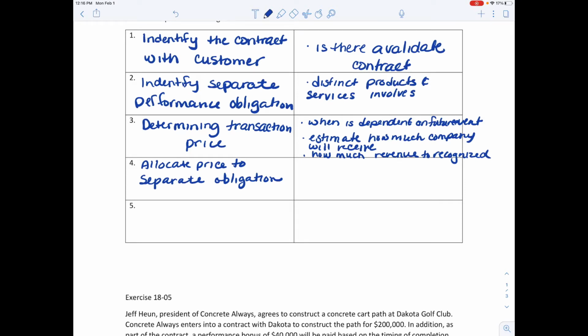That's what this is talking about. How can we allocate the total price to each individual separate part? We're going to allocate that transaction price proportionately to all the obligations. And we'll go through an example of that.